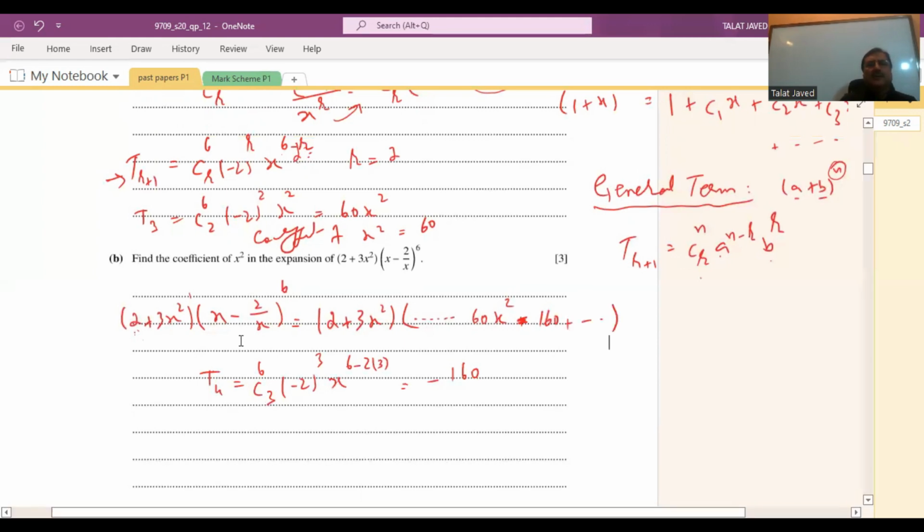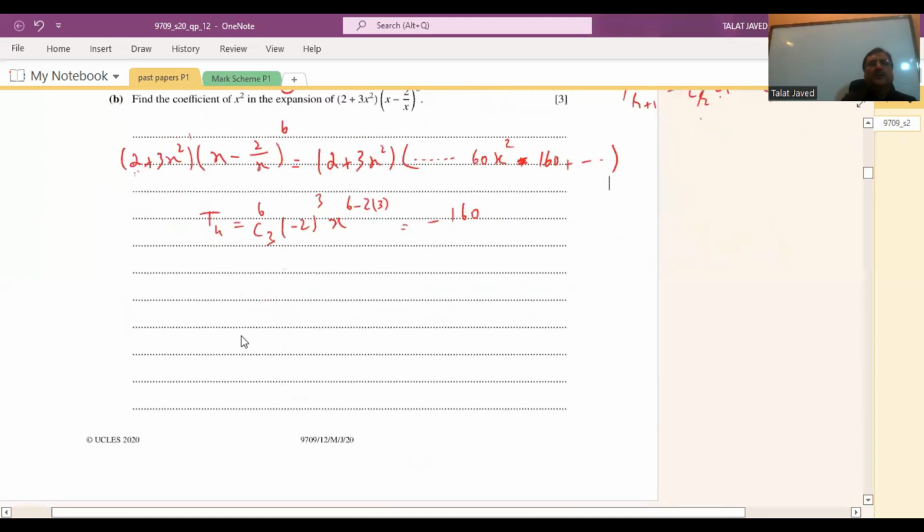We need to find only these two terms, because when we multiply this 2 by this x square, that will be the term containing x square, so this will be 120x square. And when we multiply this 2 by 160, that will be the term which is independent of x. We have to find only the term containing x square.